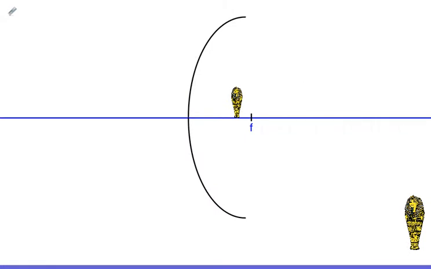So for locating an image on a curved mirror, I need to know where the principal axis is, because that defines the rules for locating the rays, and then where the focus is is also important. So I'm going to start off with a concave mirror.